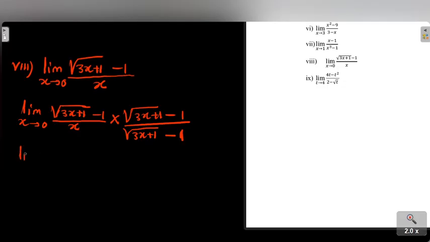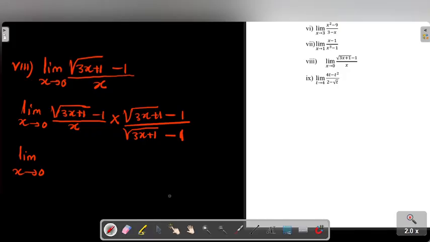So now this will give us the limit as x approaches 0 there. So you start multiplying now. So you can see that now we have to multiply root of 3x plus 1 times root of 3x plus 1. So that will be 3x plus 1. Then root of 3x plus 1 times negative 1 will be negative root of 3x plus 1.